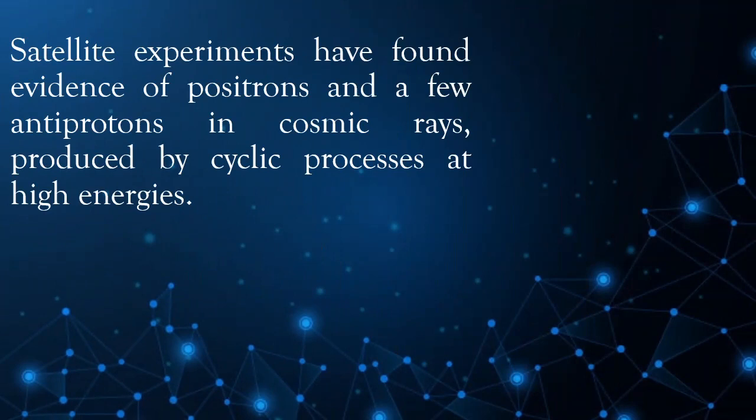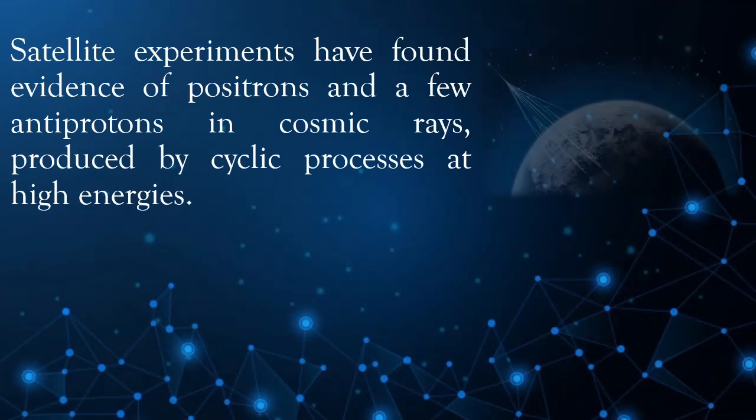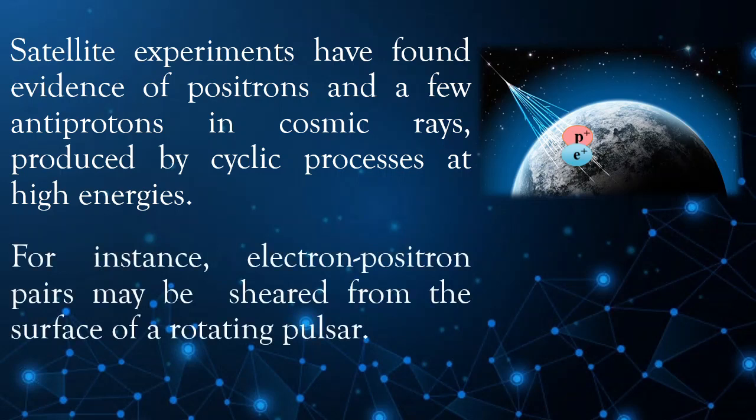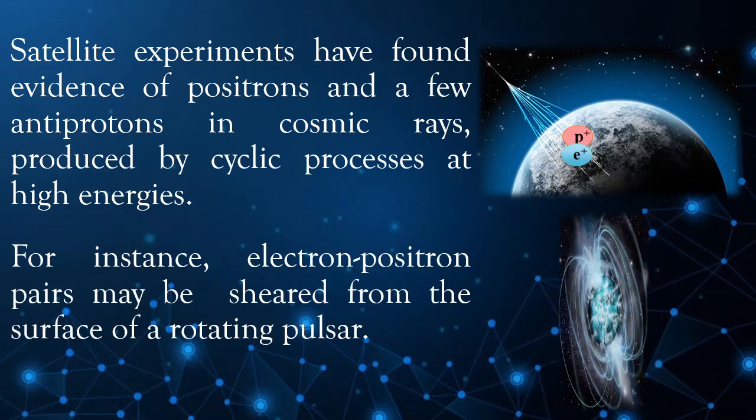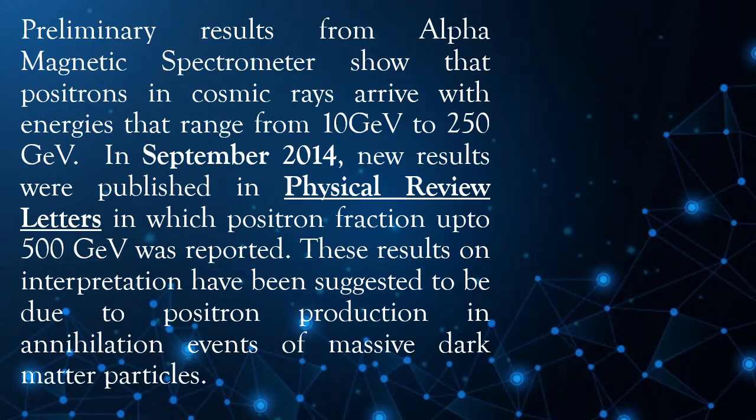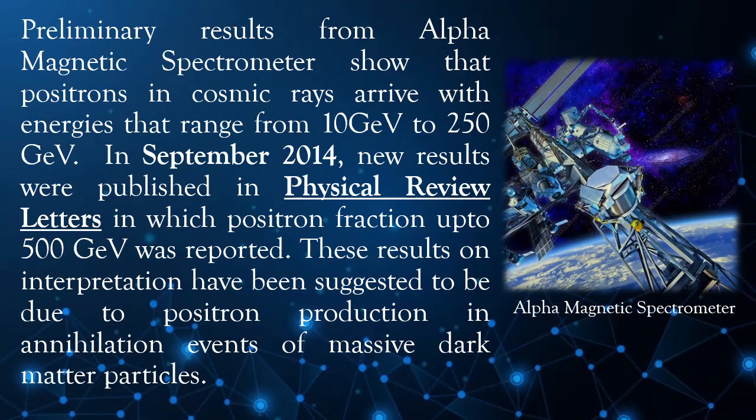Satellite experiments have found evidence of positrons and a few antiprotons in cosmic rays produced by cyclic processes at high energy. Electron-positron pairs may be sheared from the surface of a rotating pulsar or elsewhere. Preliminary results from the Alpha Magnetic Spectrometer show that positrons in cosmic rays arrive with energies that range from 10 gigaelectronvolts to 250 gigaelectronvolts.